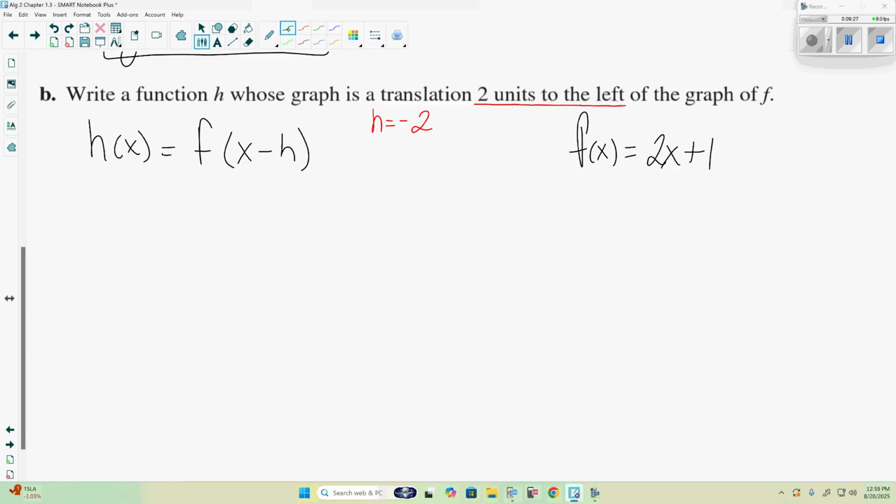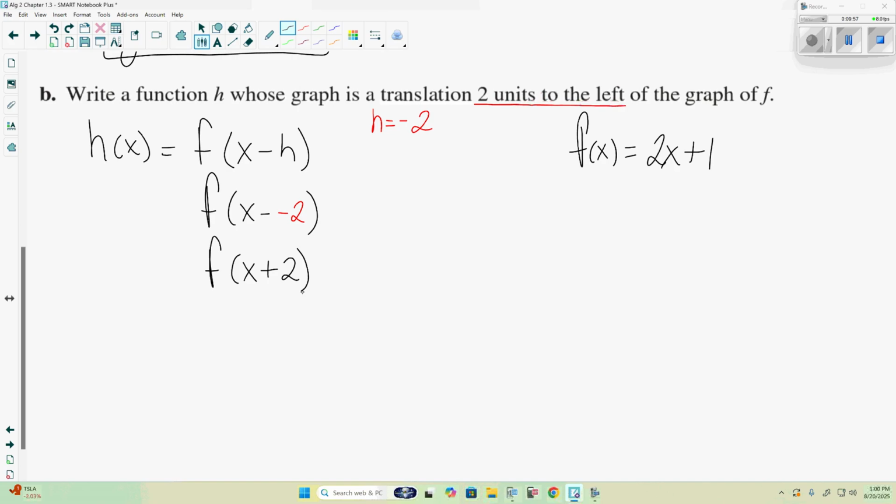Now let's see what happens. Because when I plug that negative 2 in for h, I get x minus negative 2, yes? Do we normally leave something as minus and negative? Well, no, we just say it's what? Negative and negative make a plus.